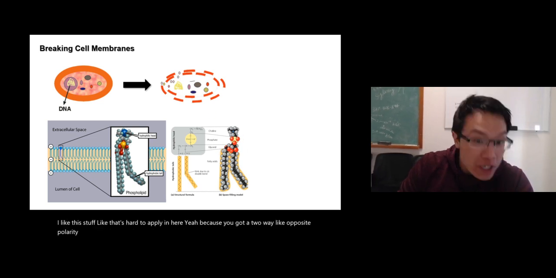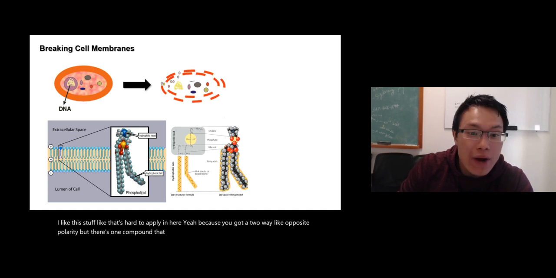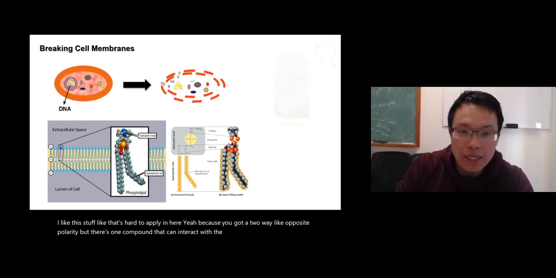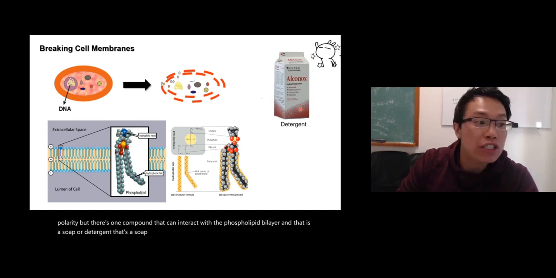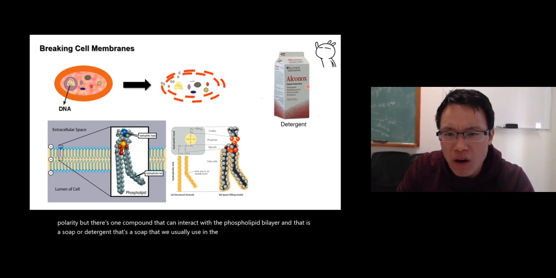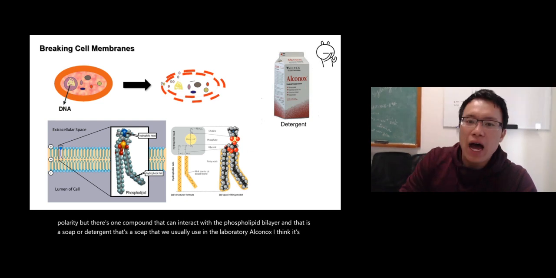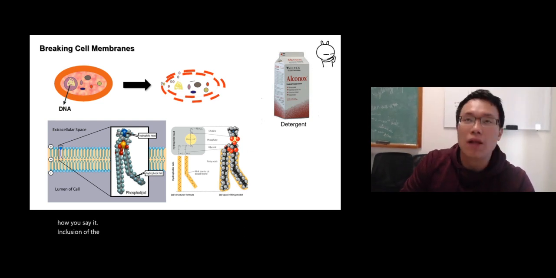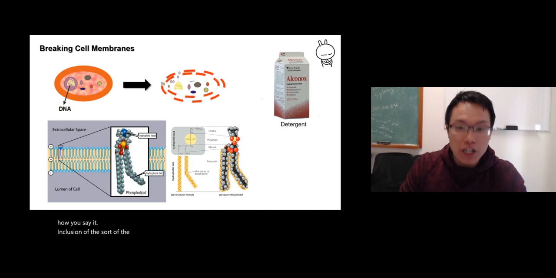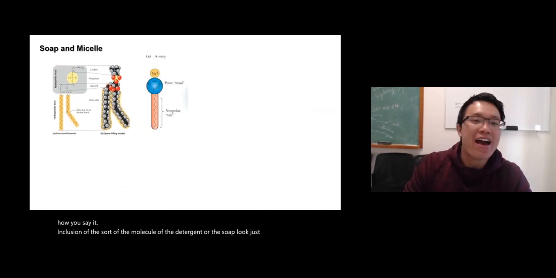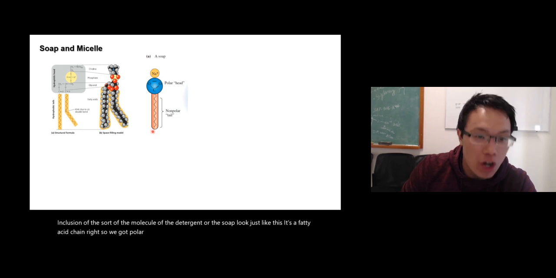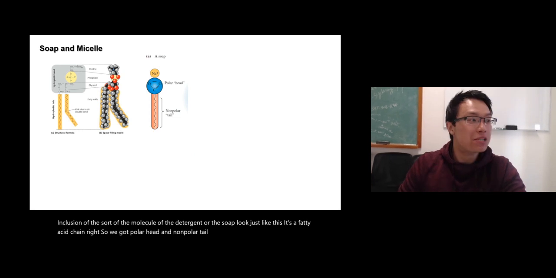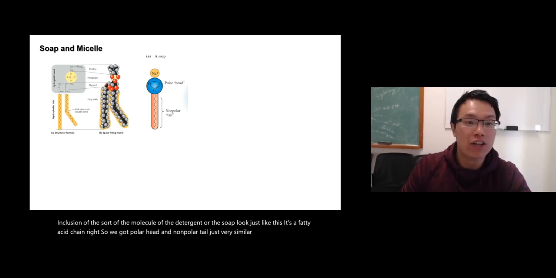But there is one compound that can interact with the phospholipid bilayer, and that is a soap or detergent. That's the soap that we usually use in the laboratory, Alconox, I think is how they say it. The molecule of the detergent looks just like this. It's a fatty acid chain, right? So we've got a polar head and a non-polar tail, very similar to the phospholipid.